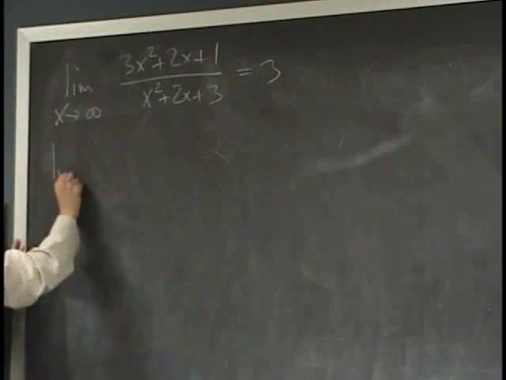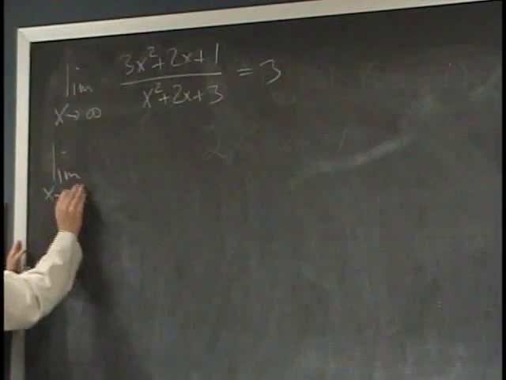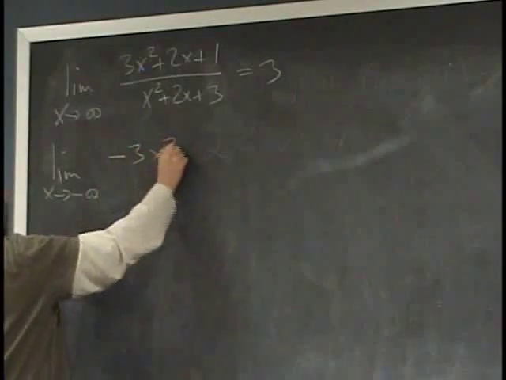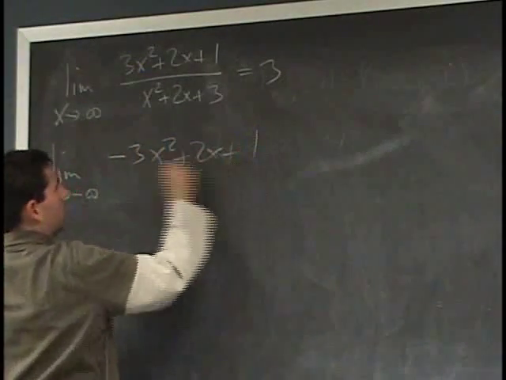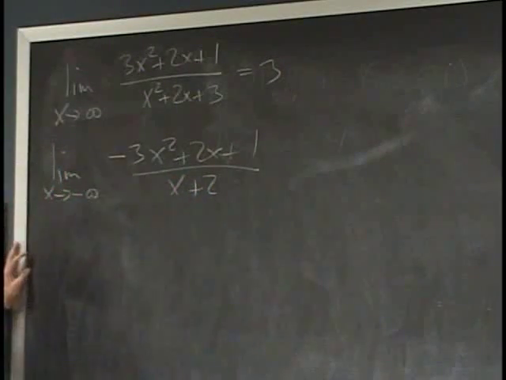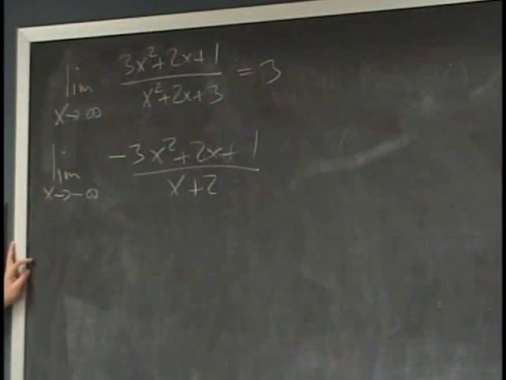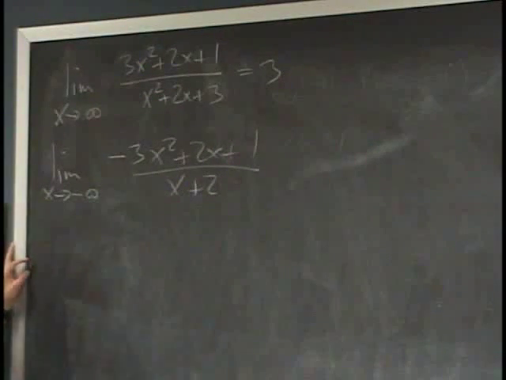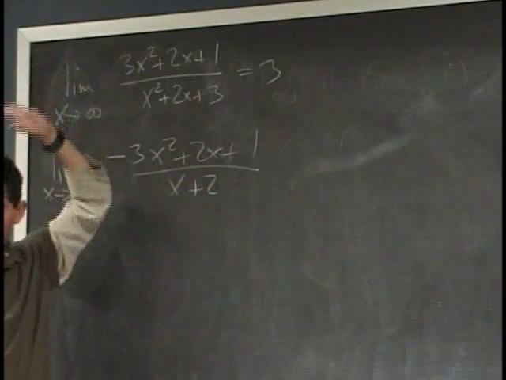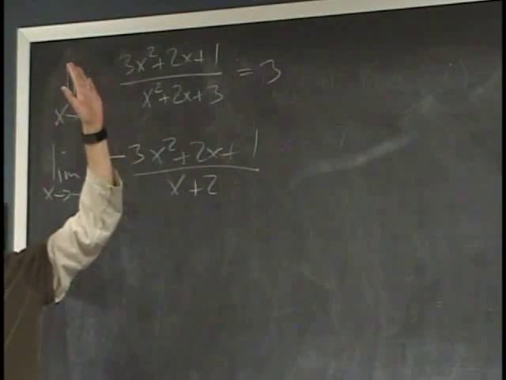What if it was the limit as x goes to minus infinity of minus 3x squared plus 2x plus 1 over x plus 2? Let's see. The only thing that matters in this whole thing is the highest degree term.